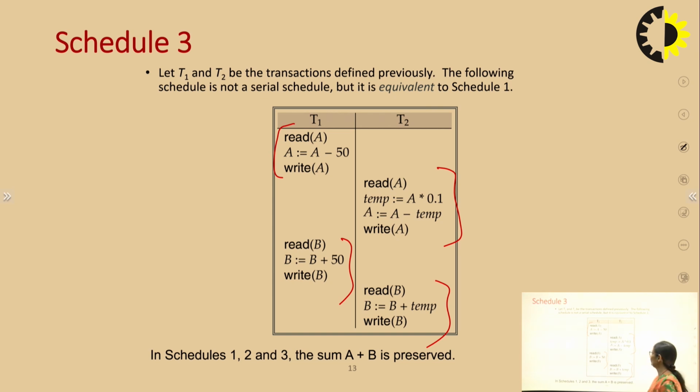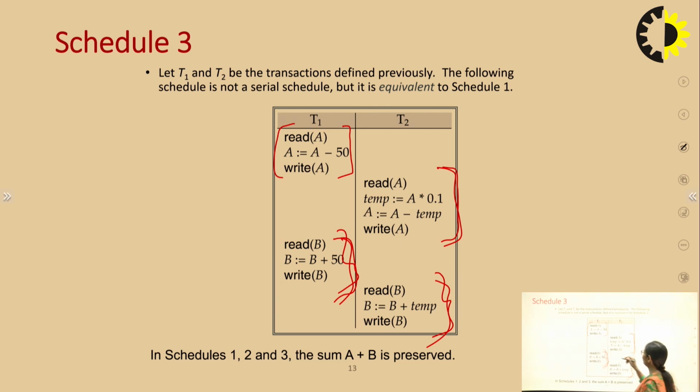How can we find it? See the order here: first the updation is done on A by T1, then T2 does the updation on A completely. After this, T1 does some updation on data item B, all the complete set of instructions, that is, the updations. And after that, B is updated by the transaction T2.